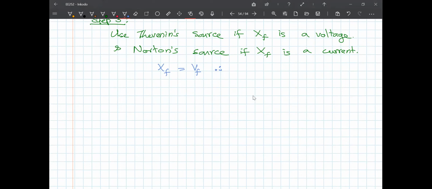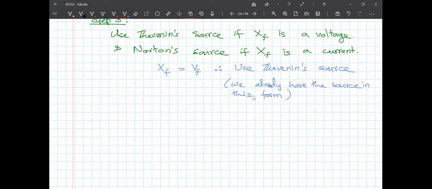Use Thevenin's equivalent source for the input. We already have it in this form. Have the source in this form.